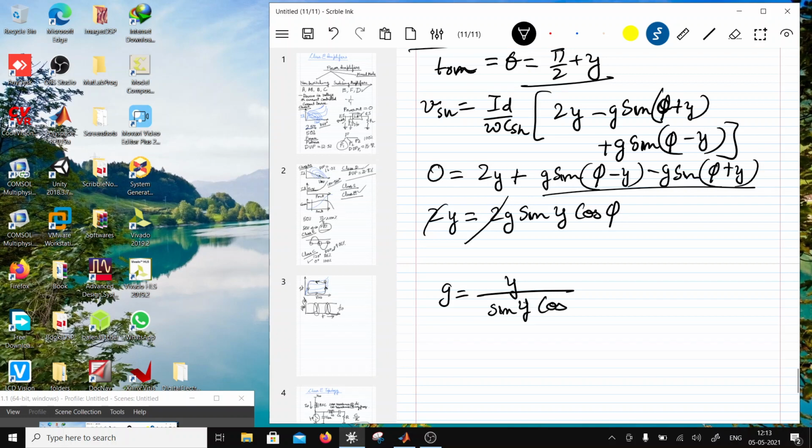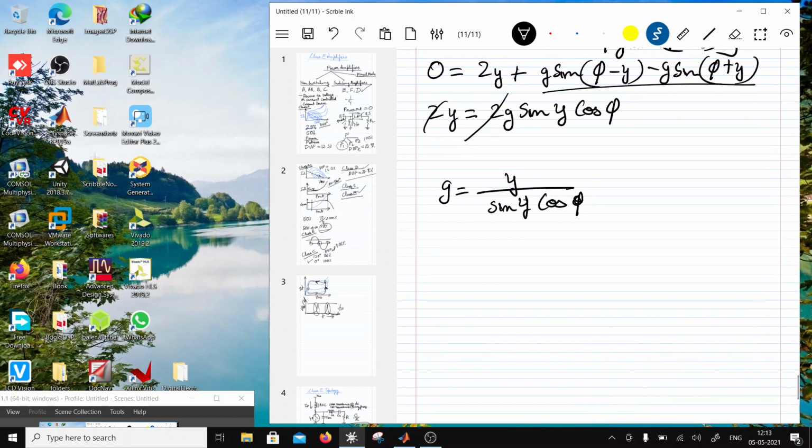Correct? So cos of phi will be y divided by g sine of y. Then phi will be equal to cos inverse of y by g sine of y. Correct?